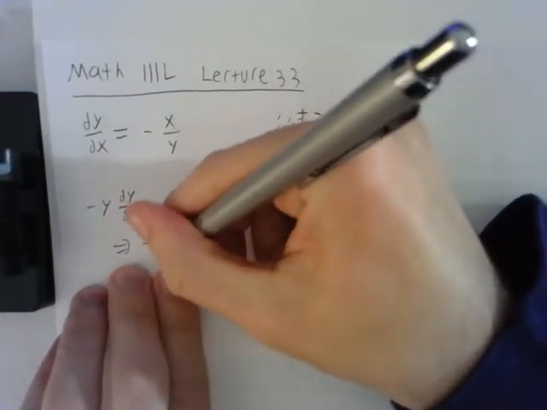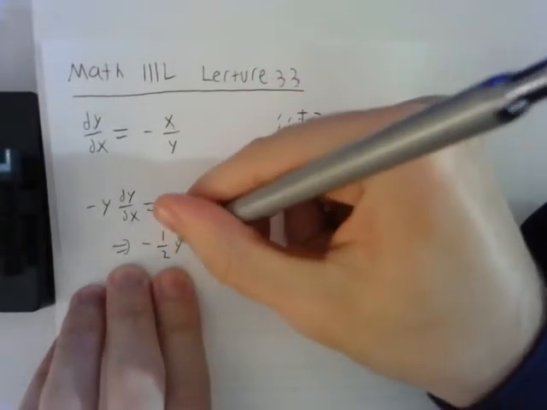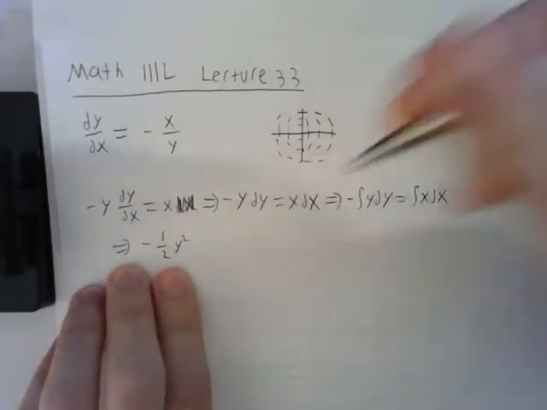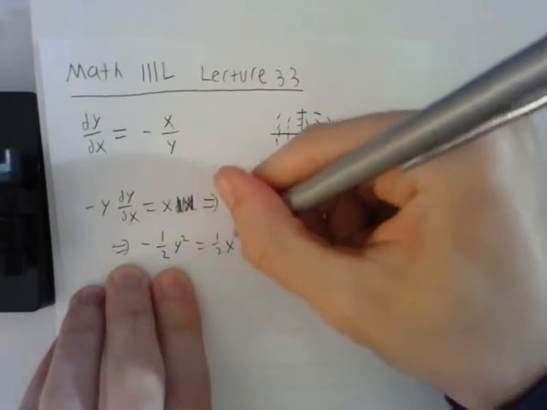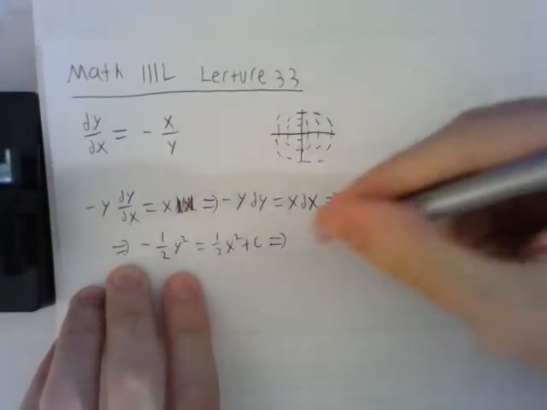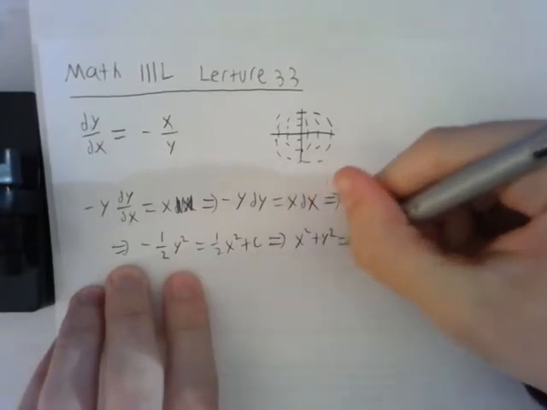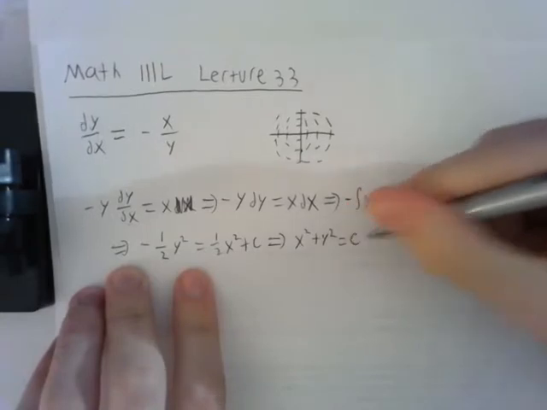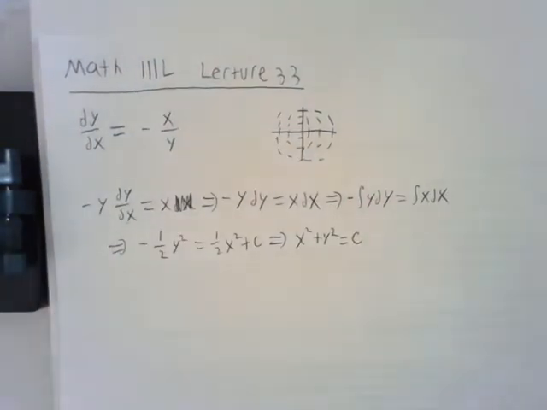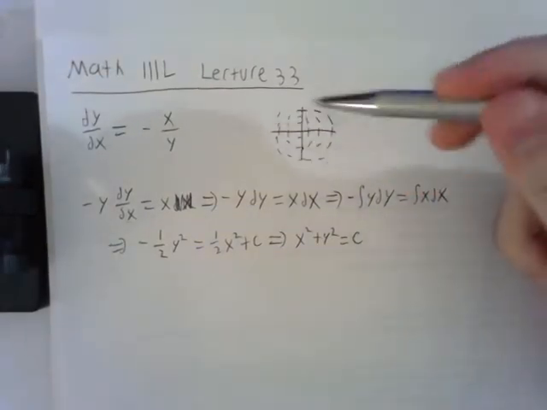I'll get negative 1/2 y squared equals 1/2 x squared plus c. If I rearrange this equation, I'll get x squared plus y squared equals 2c, but that's just another constant, so I'm still going to call it c. And this is an equation for a circle, which is in line with what we expected from our slope field.